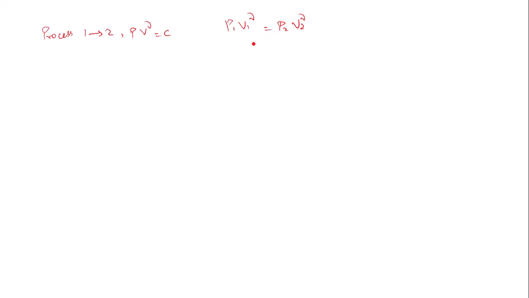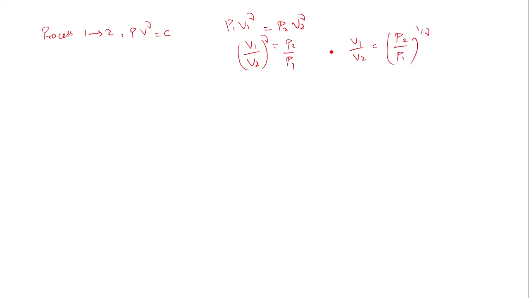From this we can arrive at simpler versions: (V1/V2)^gamma is equal to P2/P1, and if I bring this gamma to the other side, V1/V2 is equal to (P2/P1)^(1/gamma).